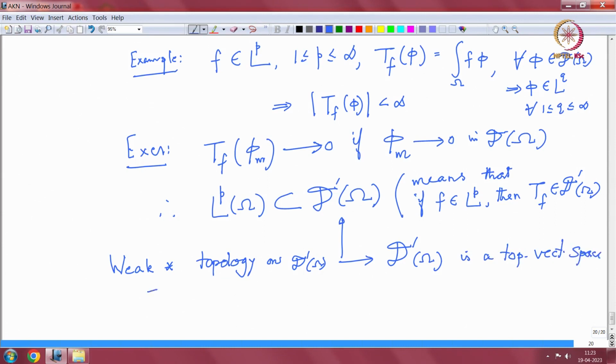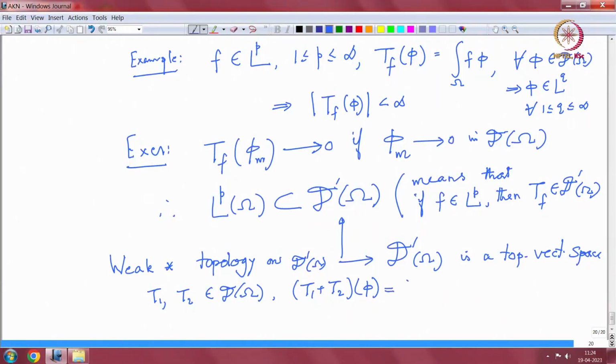So, of course, if T1, T2 are in D prime, then T1 plus T2, these are trivial things to make it a vector space structure. That is the thing, when you have a set, the important thing is to give a vector space structure and topological structure, making it an algebraic structure as well as a topological structure, and then link it through continuity. These operations are continuous.